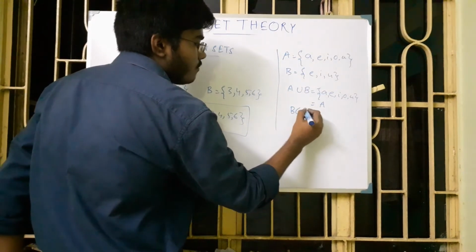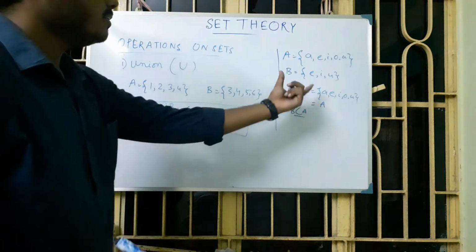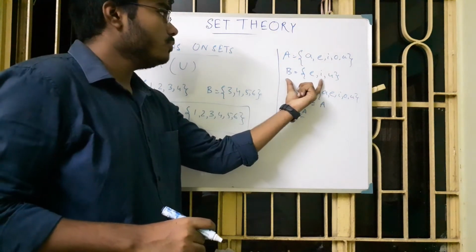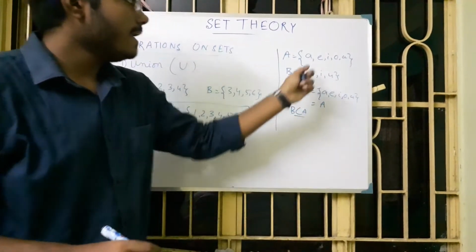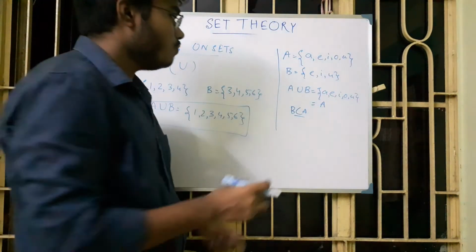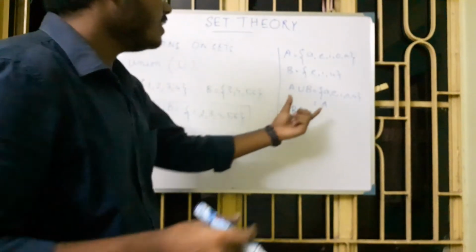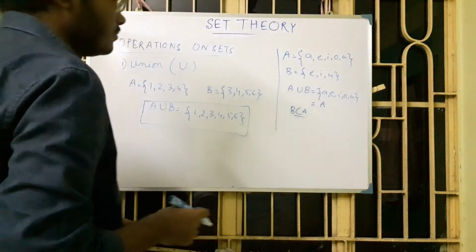When B is a subset of A. Look, B, E, I, U is a subset of A, E, I, O, U. So whenever B is a subset of A, then A union B is A.